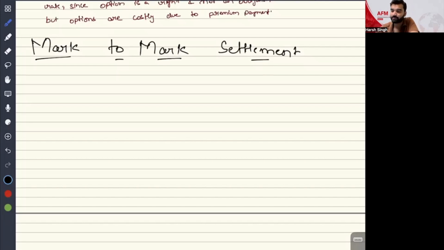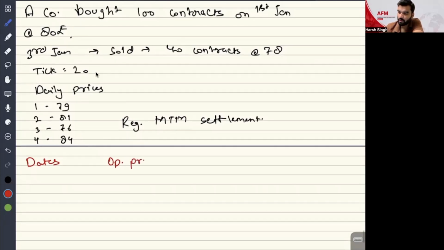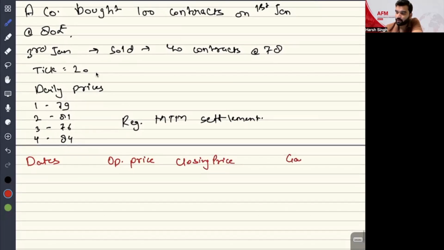Let's find out. We'll create a simple table. We'll have the dates, opening price, closing price, and gain or loss.